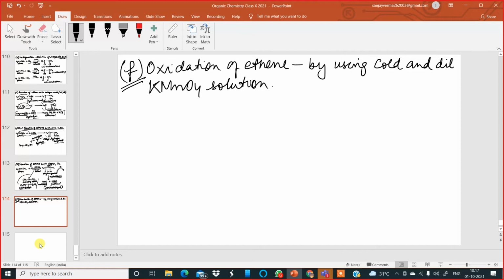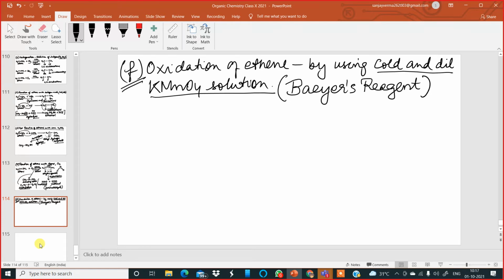So here, if I add cold and dilute potassium permanganate solution, this is called Bayer's reagent. Remember that. So next time I talk about Bayer's reagent, you should immediately recall that it is actually cold and dilute potassium permanganate solution.